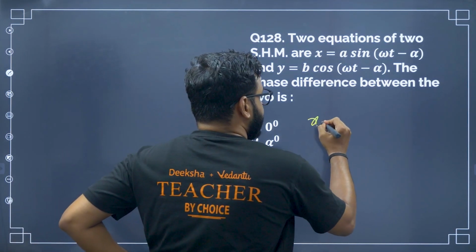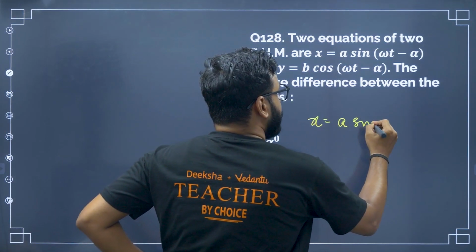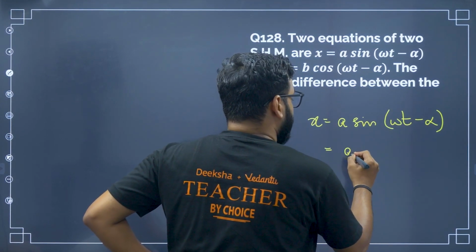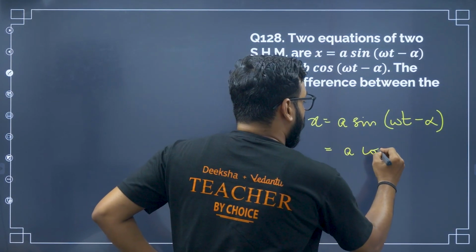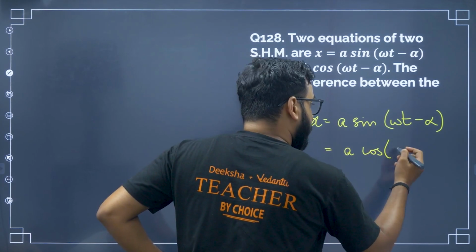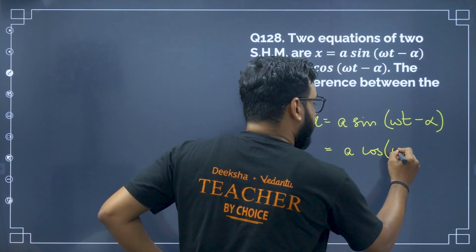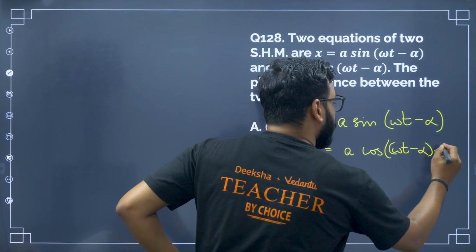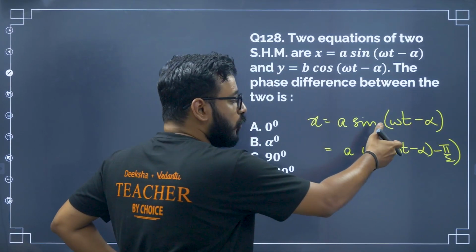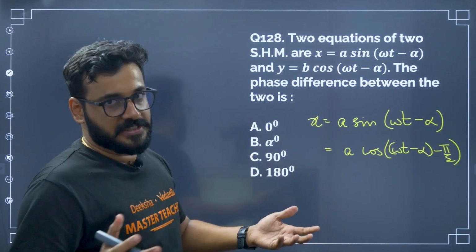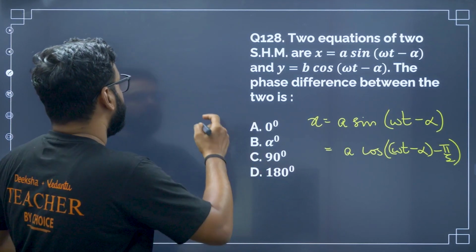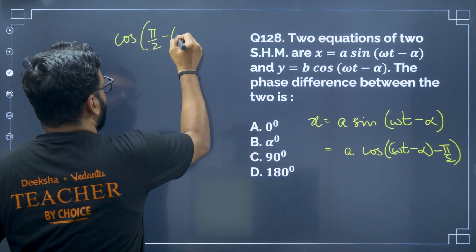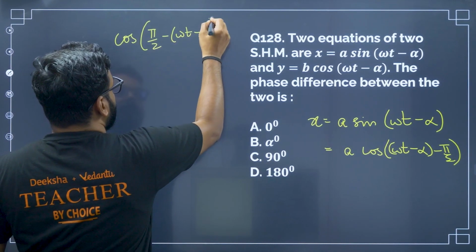Let's take x equal to A sin(omega t minus alpha). Using the trigonometric identity, this can be written as cos(pi by 2 minus (omega t minus alpha)), and since it is cos, we can interchange the order.